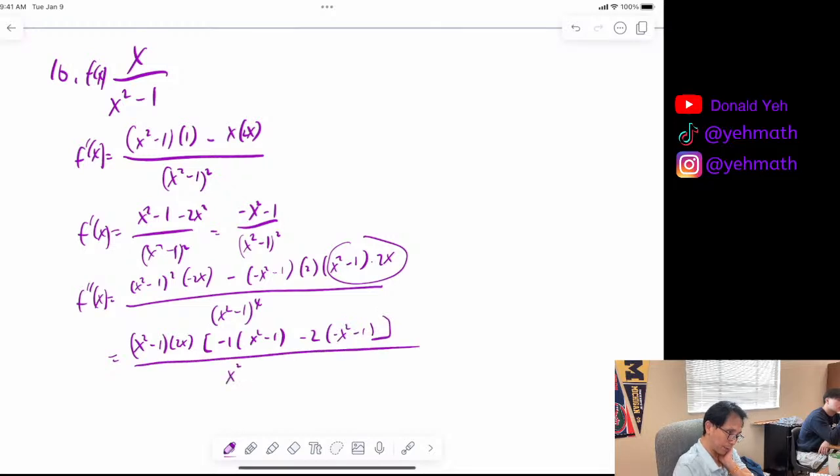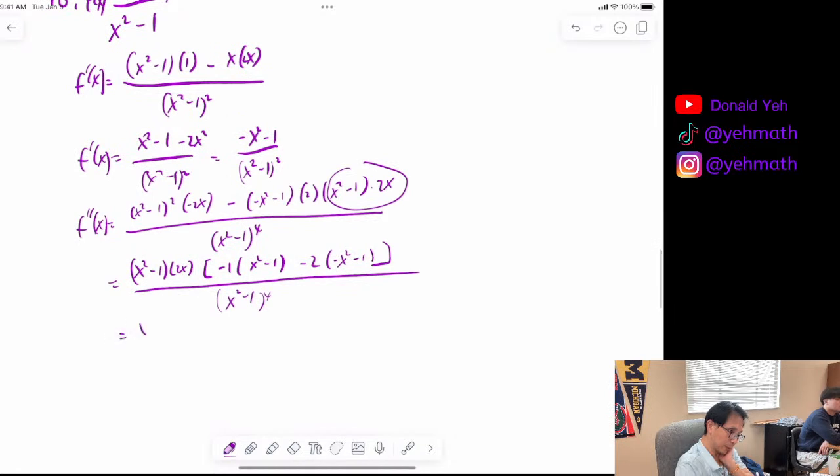I don't know if I'm doing okay so far. So it'd be negative x squared plus 1 plus 2x squared, and then plus 2, I think. This one will cancel out.